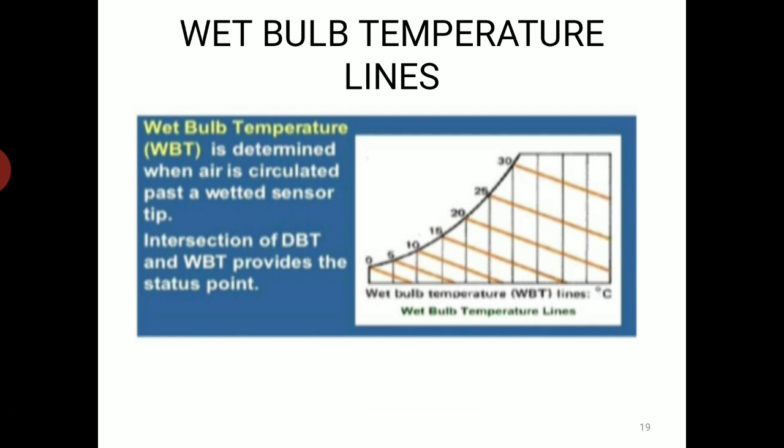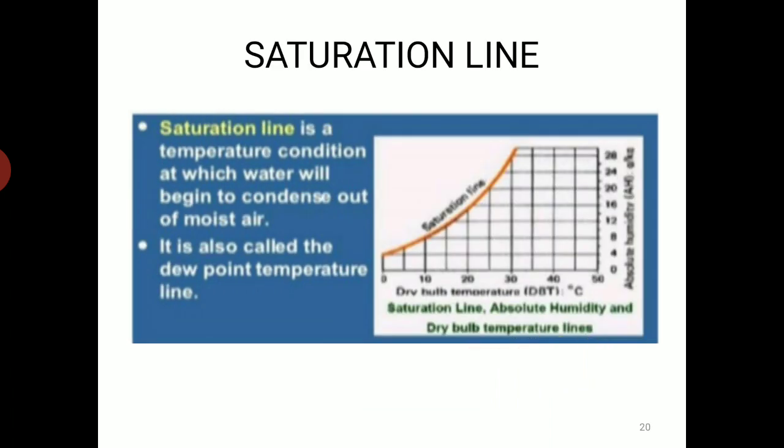If the values are not in the chart, go along the vertical line from the x-axis dry bulb temperature value, and the same value will be on the saturation curve. I hope you understood.